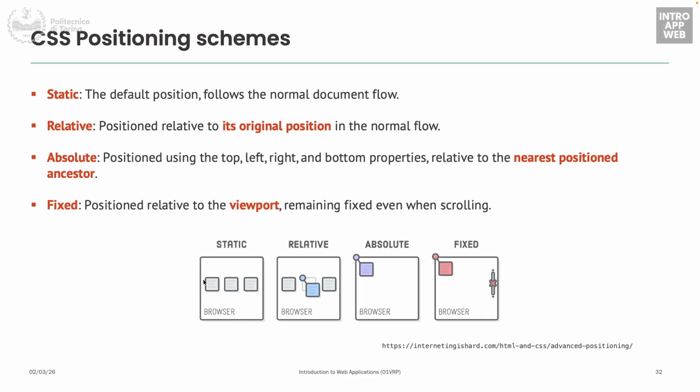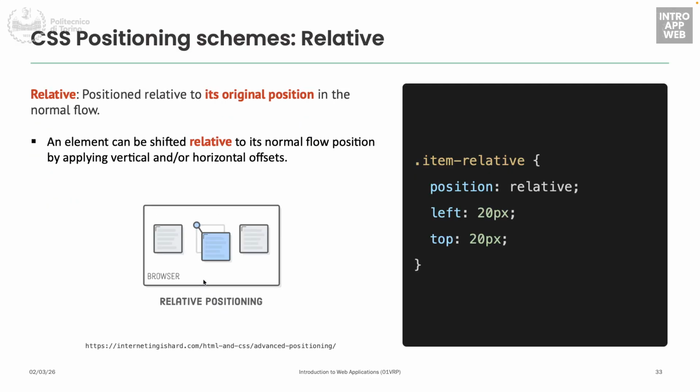Nice. Then we had the positioning schemes. We had 4 types of positioning schemes: the static, relative, absolute, and fixed. Okay, let's see each one of them very quickly, and then we go to the CSS that we have there.